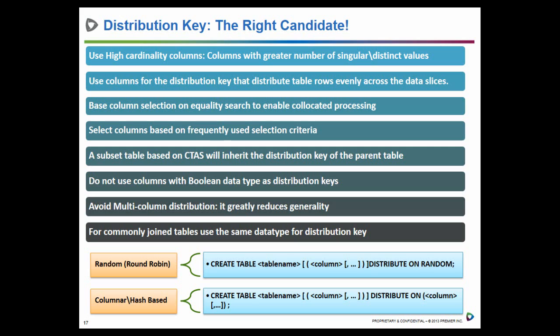But you have 5,000 patients or 50,000 patients on every single SPU, and that SPU will be responsible for working on only that portion of your data. So it's not inundated with a lot of information to store or to process in that sense. You base your column selection for your distribution key on the equality search.